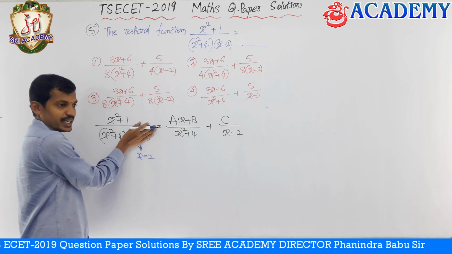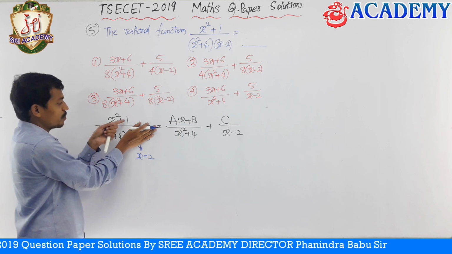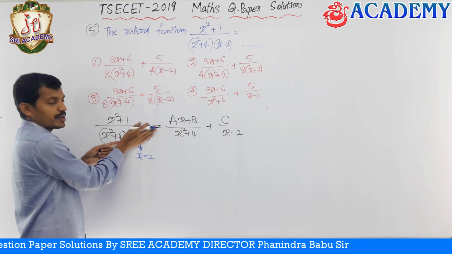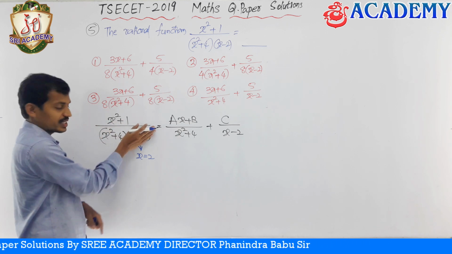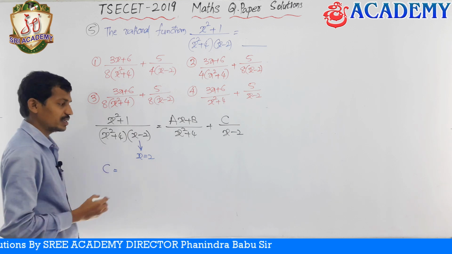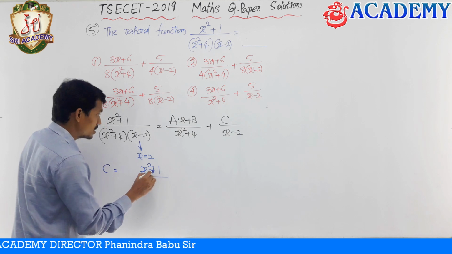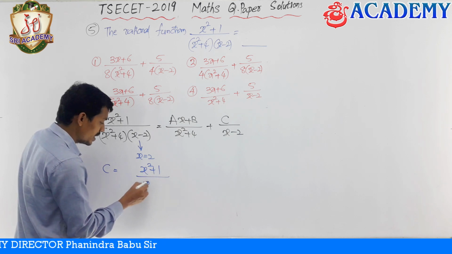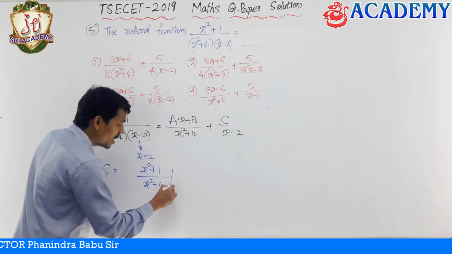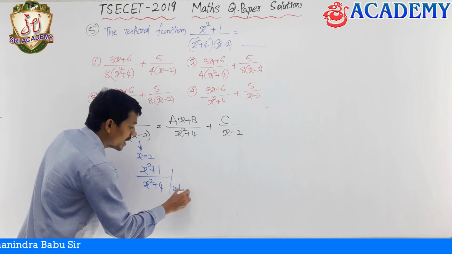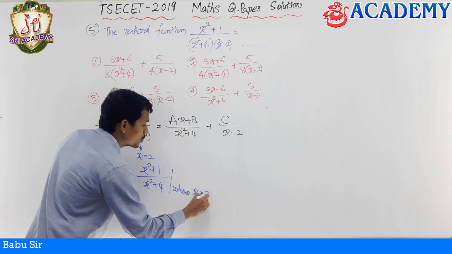After eliminating x minus 2, the remaining function, (x square plus 1) divided by (x square plus 4), evaluated at x equal to 2, is going to be our C.